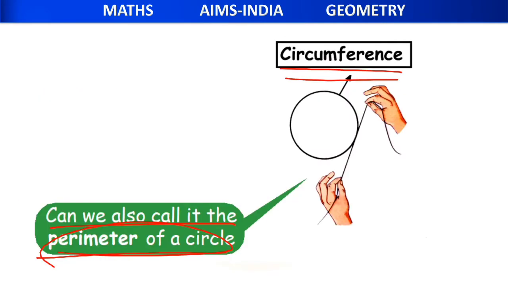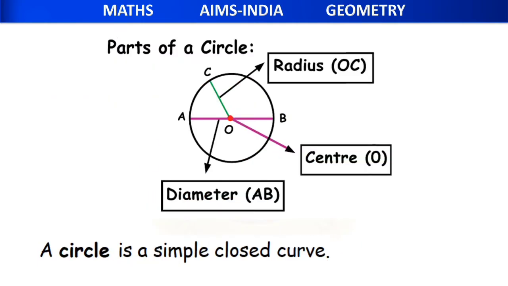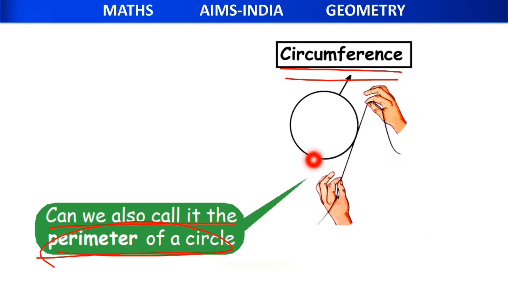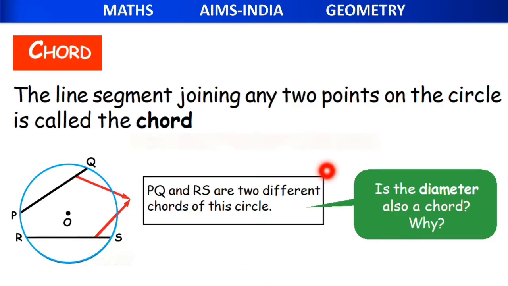Now chord. We have learnt about the different parts of the circle, that is radius, center, diameter, and also the circumference of a circle. Now coming to the next topic, that is chord. The line segment joining any 2 points on the circle is called the chord.